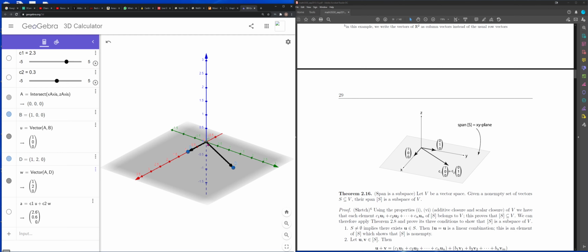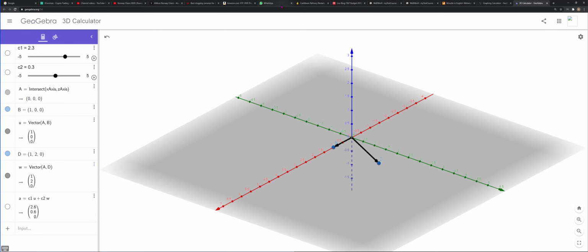Now I'm going to take linear combinations of these two vectors. Notice the labeling in the software here. The vector 1, 0, 0 is small u, and the vector 1, 2, 0 is small w.